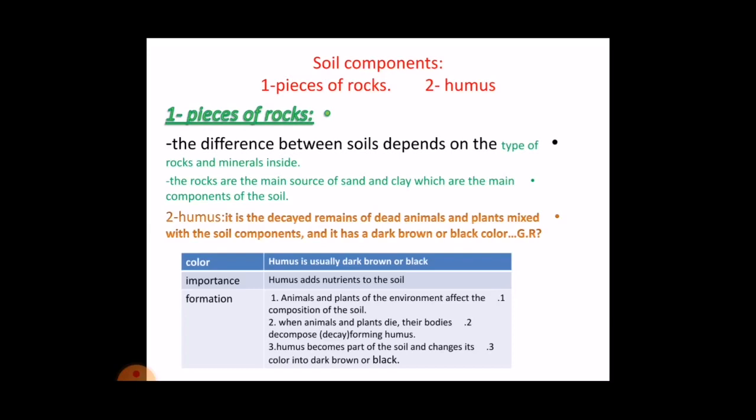Again, what is humus? It is the decayed remains of animals and plants mixed with the soil components, and its color is dark brown or black. When animals and plants die, they decay, mix with the soil, and give the soil nutrients.